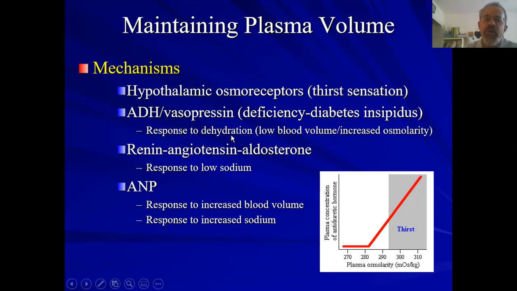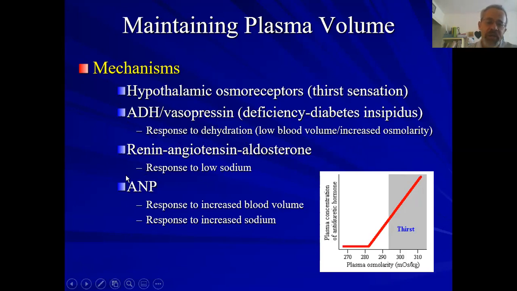There's 3 other hormones that are involved in osmoregulation. One is ADH, or vasopressin. We discussed that earlier. This is a hormone that's produced when we're in a dehydrated state, or basically low fluid volume. And what this does is it helps to increase the fluid uptake.